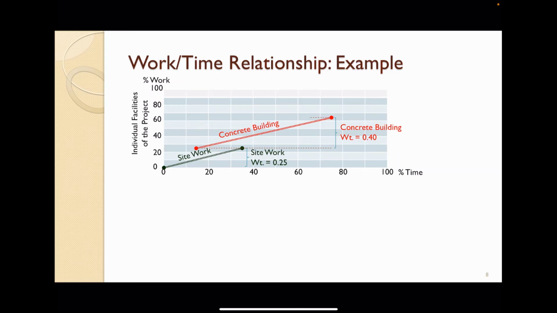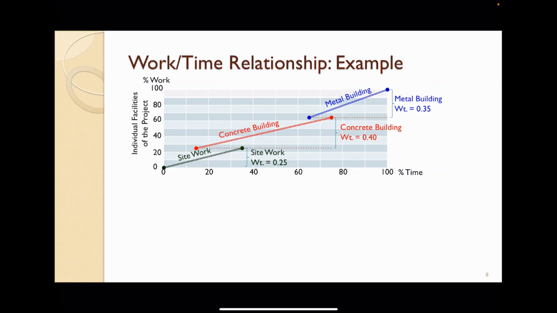Finally, we draw the metal building that starts at 65% time to 100% time, and the effort is 35%. So in total, the metal building's work effort goes from 65% on top of the concrete building to 100% for the overall percent work for the whole project. So that is for each individual facility or task of the project.